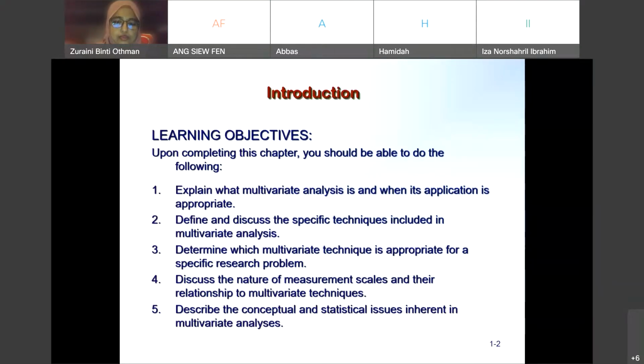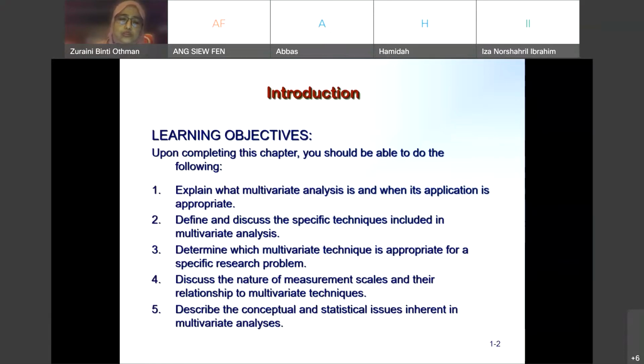At the end of this chapter, we should be able to do the following: explain what multivariate analysis is and when its application is appropriate; define and discuss the specific techniques included in multivariate analysis; determine which multivariate technique is appropriate for a specific research problem; discuss the nature of measurement scales and their relationship to multivariate techniques; and finally, describe the conceptual and statistical issues inherent in multivariate analysis.